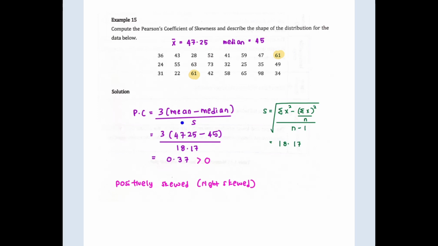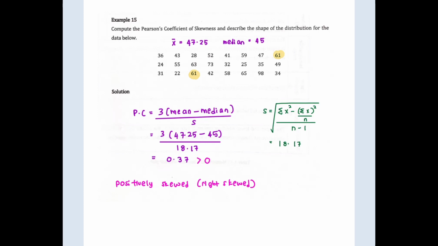So how to use the median formula? This is the formula that you have to remember: mean minus median over standard deviation. Based on this raw data, you have to find the mean first. So total up everything, divide by 1, 2, 3, 4, 5, 6, 7, 8, 1, 2, 3. Divide by 24.